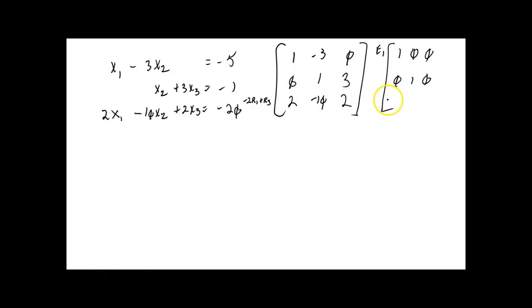How about a negative 2? Negative 2, 0, 1. Remember, you're doing the same thing to the I3 matrix as you're doing to this one. You're doing minus 2 times the top plus the bottom. So that would be minus 2 times 1 is minus 2, 0, 1. Okay.